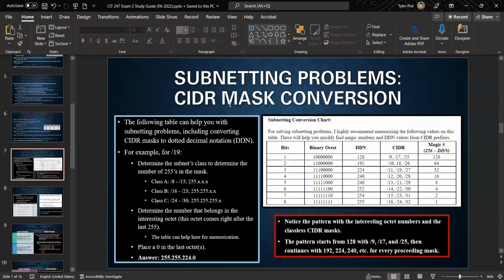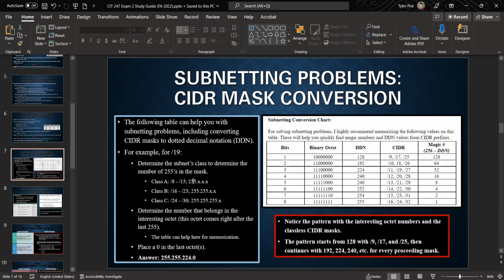Now, you may actually get questions where you need to convert a CIDR mask to dot decimal notation. So if you're just given /19, for example, you can either divide this number by 8, or memorize the subnet's class to determine the number of 255s. A class A mask is inclusively between /8 and /15.